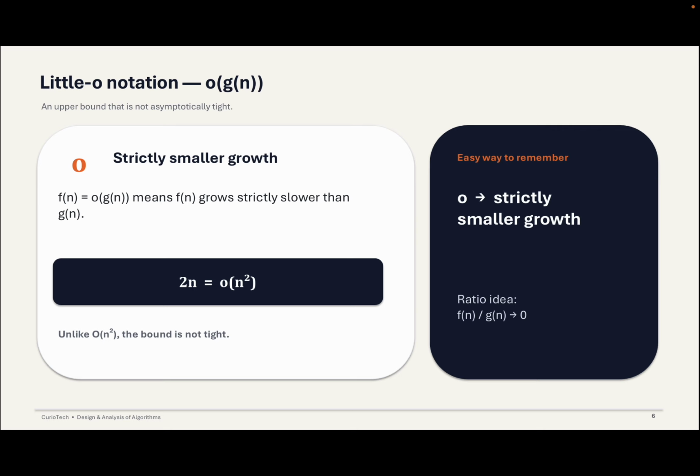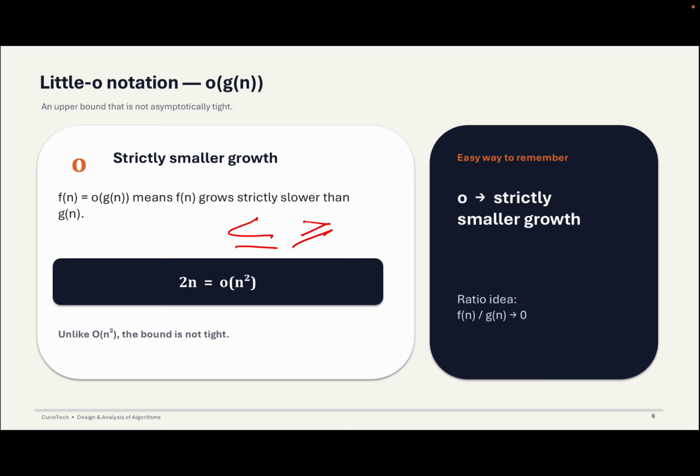Strictly slower means they don't go up to that referential growth. Either it is less than or it is greater than. It is never equal to that referential growth.